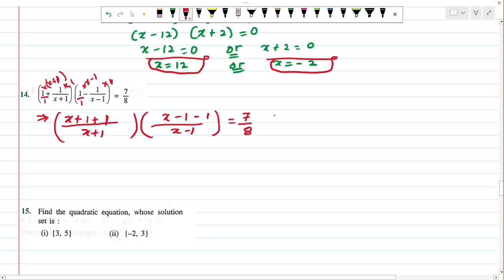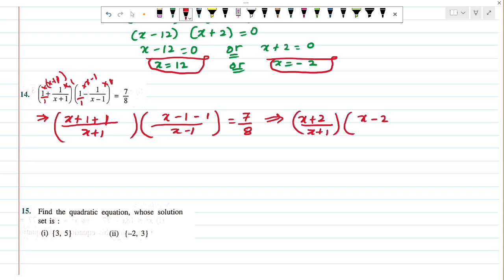So I'll get x plus 2 divided by x plus 1, minus x minus 2 divided by x minus 1, which is equal to 7 divided by 8. So it is of the form a plus b and a minus b, right? So these two, this and this, are of the form a plus b and a minus b.